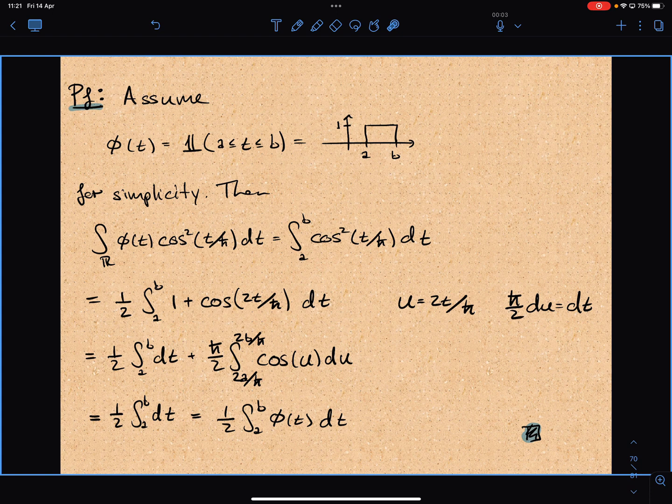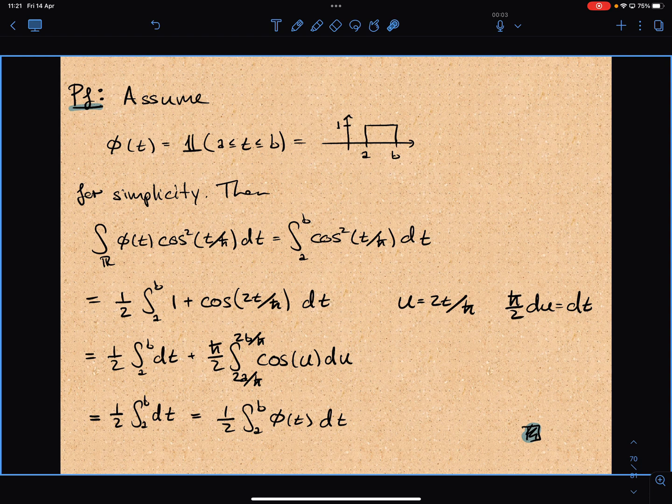To evaluate this integral, I do a change of variables. This is my change of variables, u, and this is the differential.